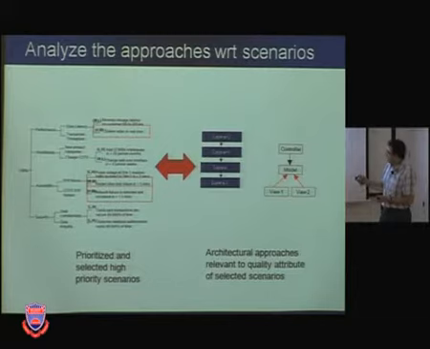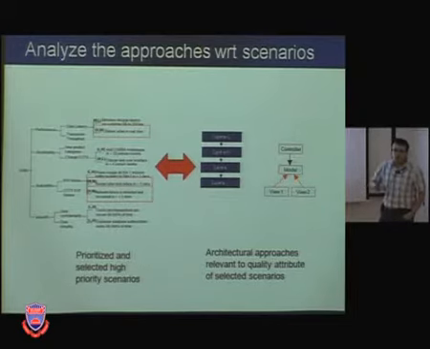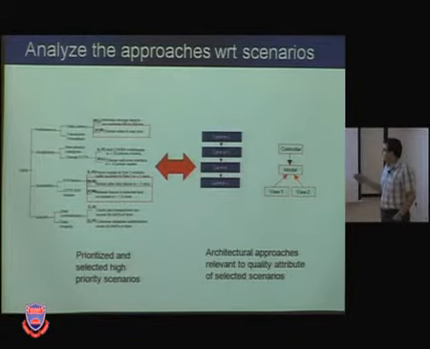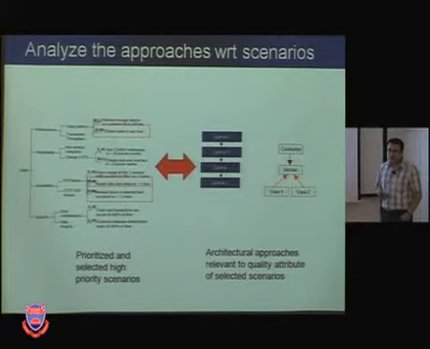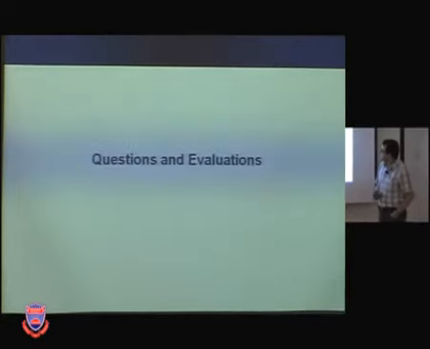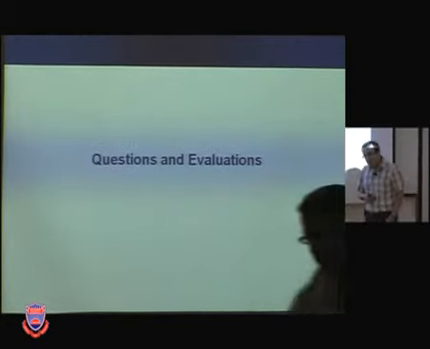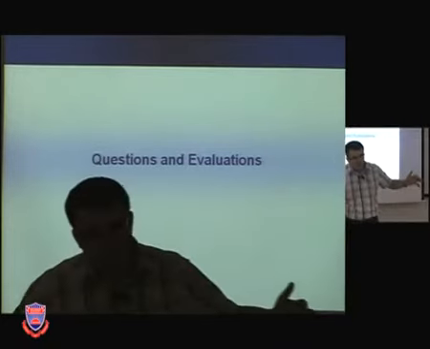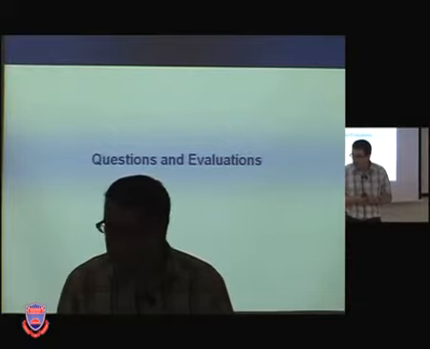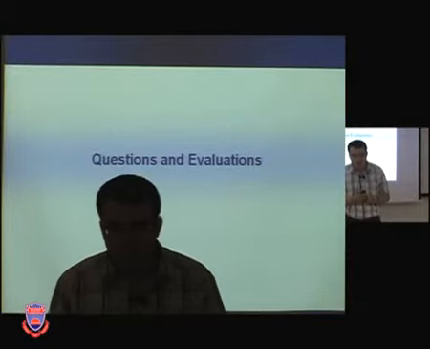Based on these scenarios, they evaluate the architectural patterns applied in the software architecture, and check whether they are the right patterns, or what the risks, sensitivity points, and trade-off points are. So that's, in a very fast way, a summary of all the issues that we have discussed.